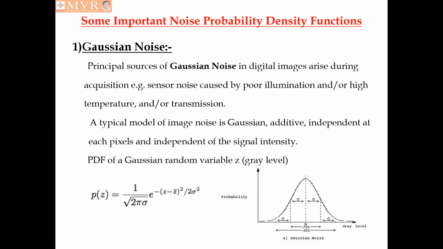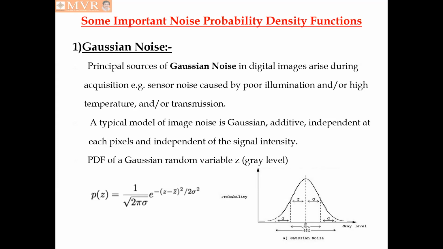The principal source of Gaussian noise in digital images arises during the process of acquisition. Example, sensor noise caused by poor illumination and or high temperature and or transmission causes the Gaussian noise. A typical model of image noise is Gaussian, additive, independent at each pixel and independent of the signal intensity.